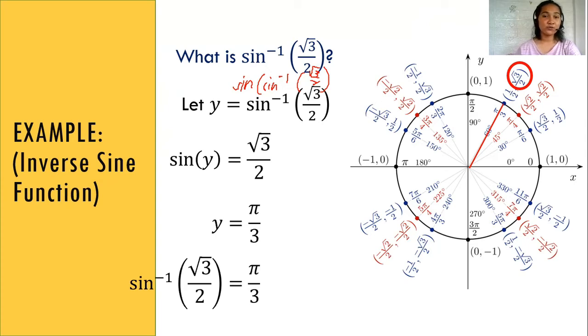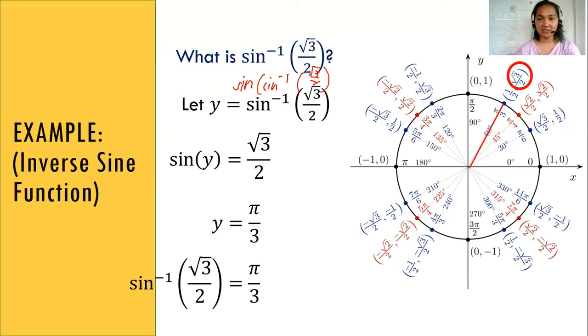However, some of you might ask that aside from pi over 3, 2 pi over 3 will also generate a sine of square root of 3 over 2, right? Because if you check, the y-coordinate of this point is square root of 3 over 2 for angle 2 pi over 3.